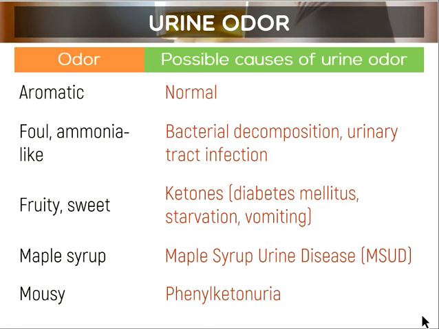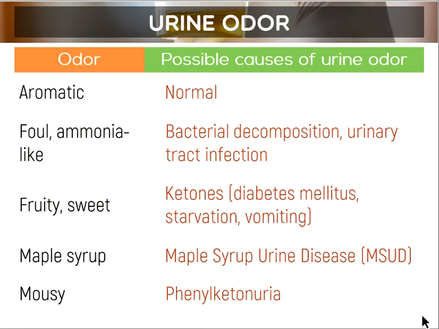Alright, we'll proceed with the urine odor. Aromatic odor is normal. The normal SG range is 1.015 to 1.030, and normal urine color is straw to amber. A foul or ammonia-like odor is due to UTI.